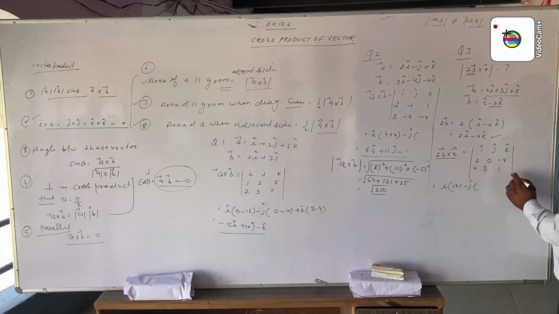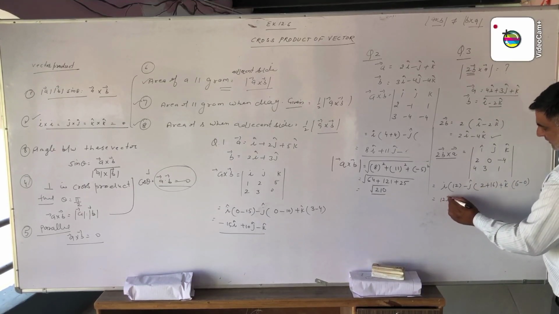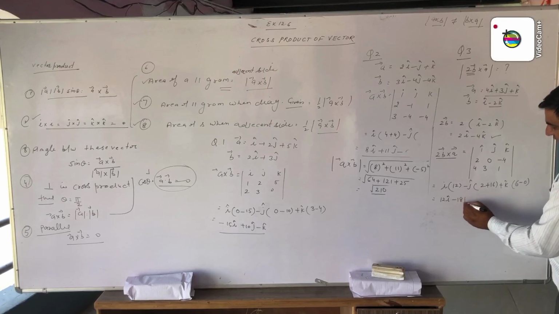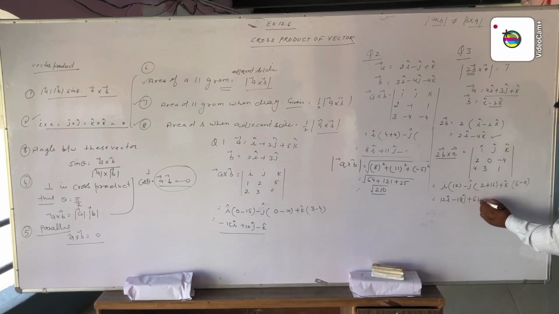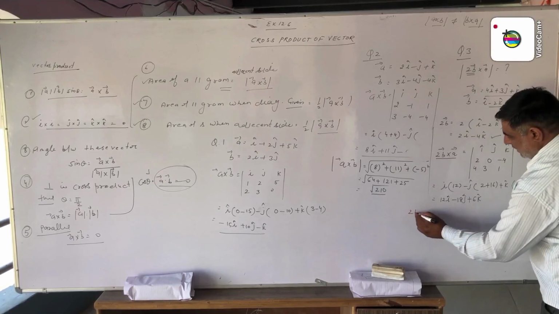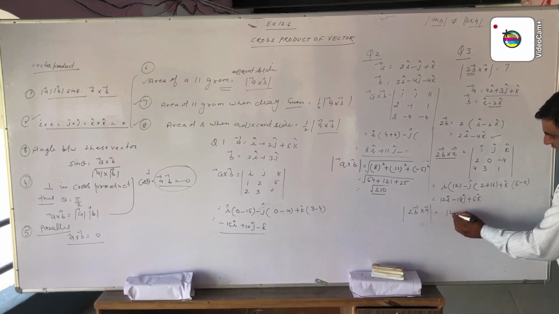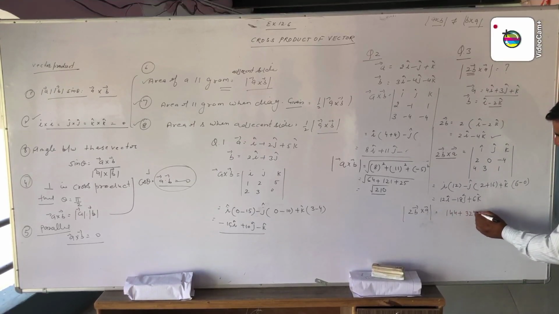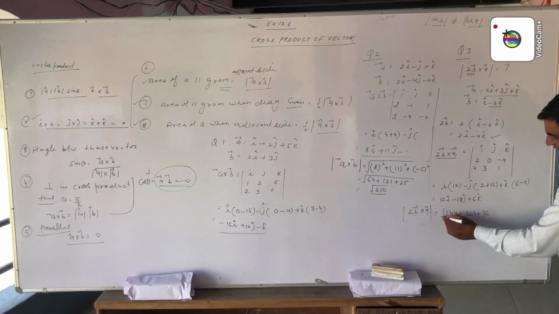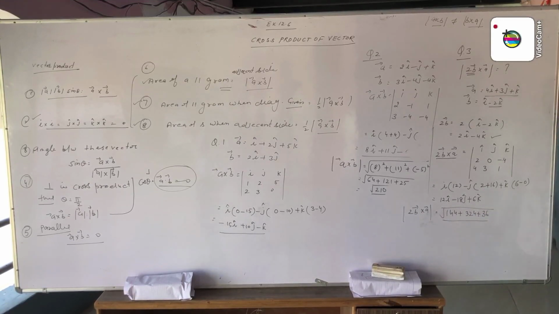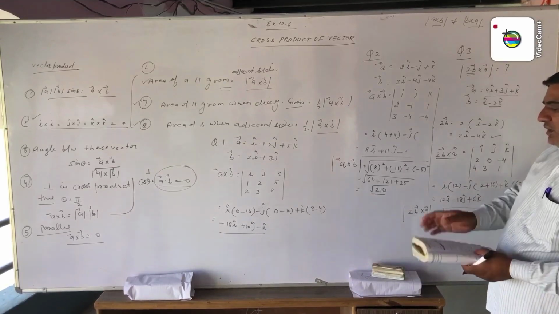Minus j into 2 multiply 1 is 2, plus 16, and k into 6 minus 0. We get 12i minus 18j plus 6k. Now we find the magnitude of 2b cross A vector. It means 12 squared is 144, 18 squared is 324, 6 squared is 36 under the square root. We add them and take the square root. We get the magnitude of this.